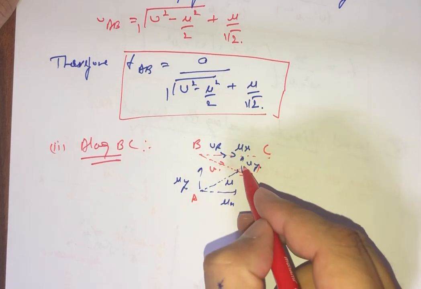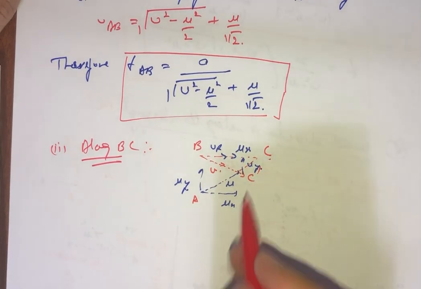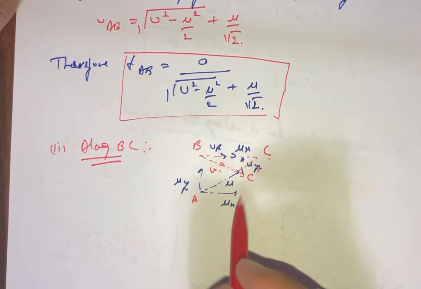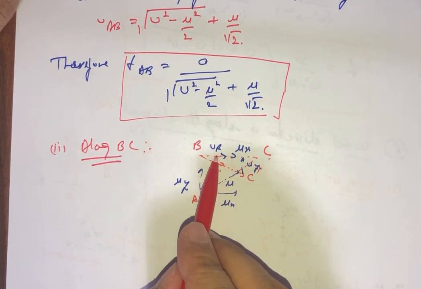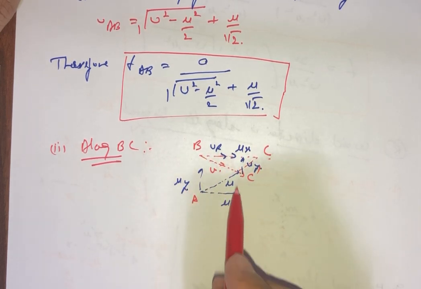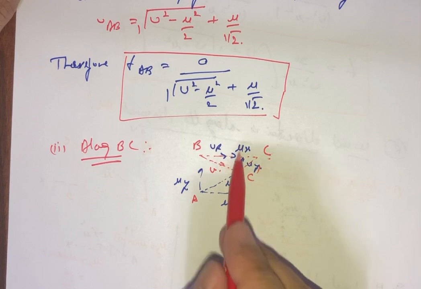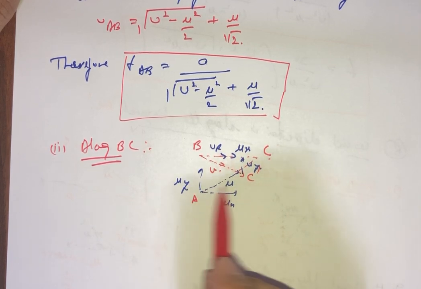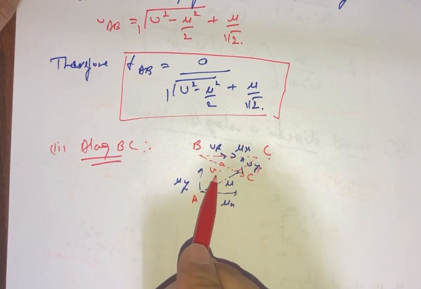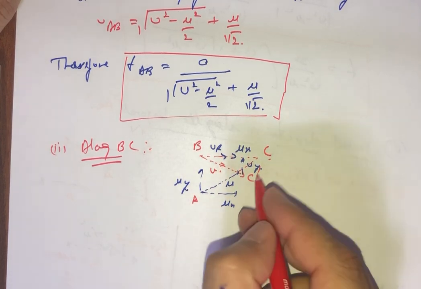Okay, so ultimately it is going to meet C. So U is going to have two components, Ux and Uy. So Ux will be supporting the velocity of the plane, whereas Uy will be trying to push the plane, or rather because of the vertical component there will be a drift in the plane. So the plane should be actually flying in this direction, BC prime.